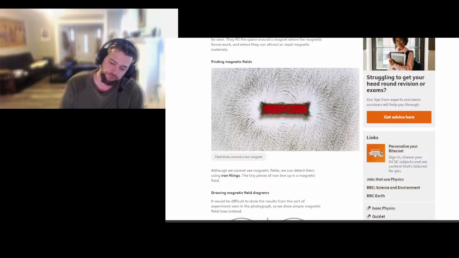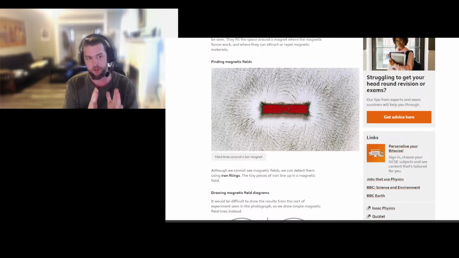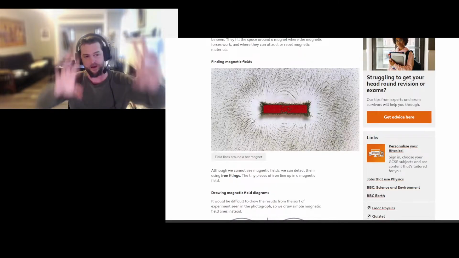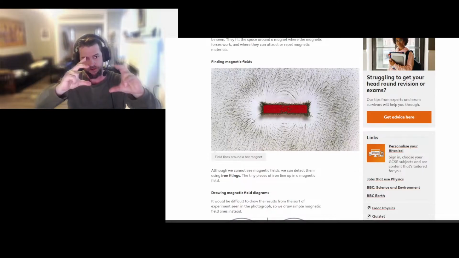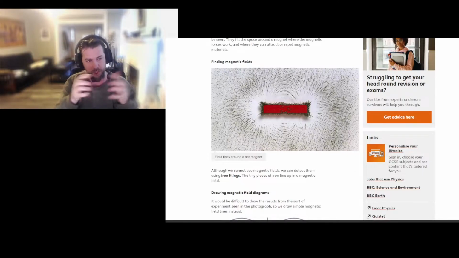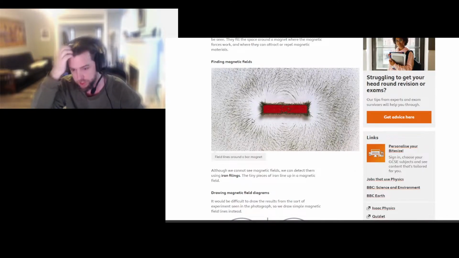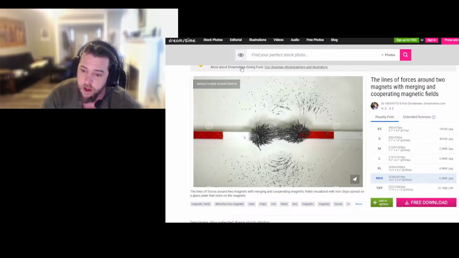And if you get to the point where the magnets are not touching but very close, you can have almost half of the magnetic field lines squarely just going in between the two magnets, reinforcing the strength of the magnets. You can't really see it right here, what's going on, but it is.